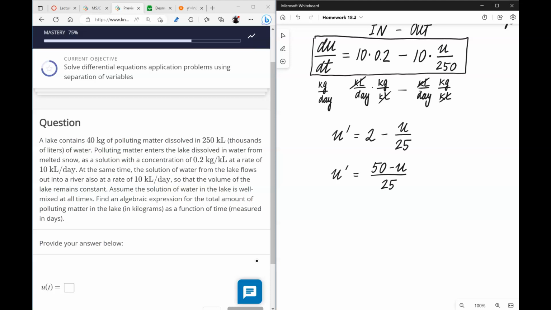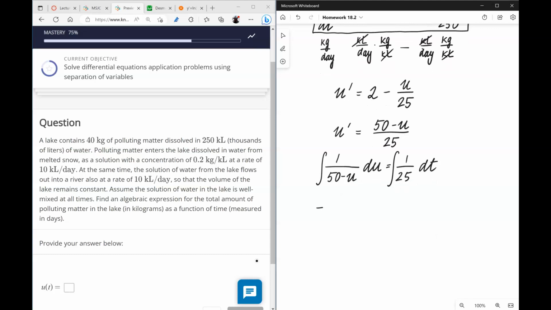And let's separate the variables. So I'm going to move 50 minus u to the left. We have du over here. I have 1 over 25 dt over here. We integrate, and we have negative ln of 50 minus u on the left. On the right, we have 1 over 25 t plus c.